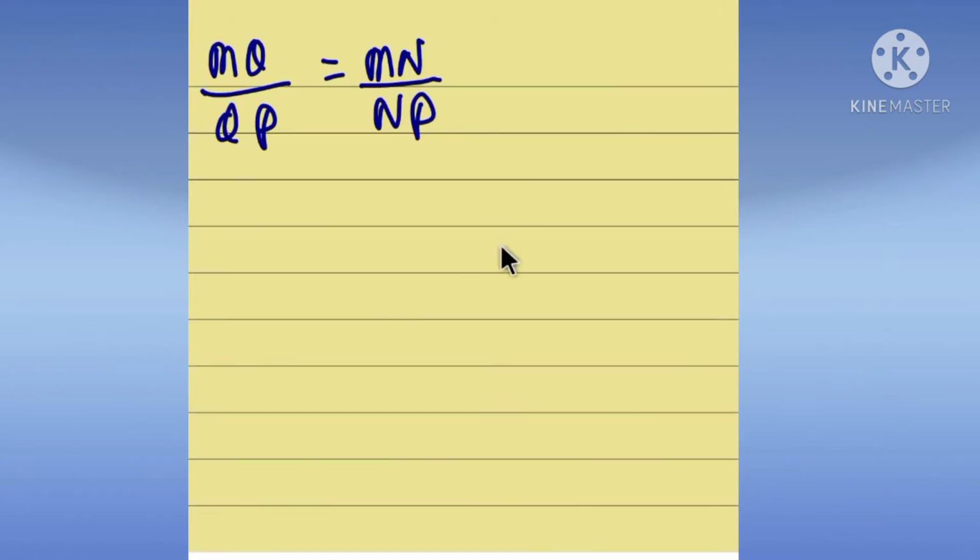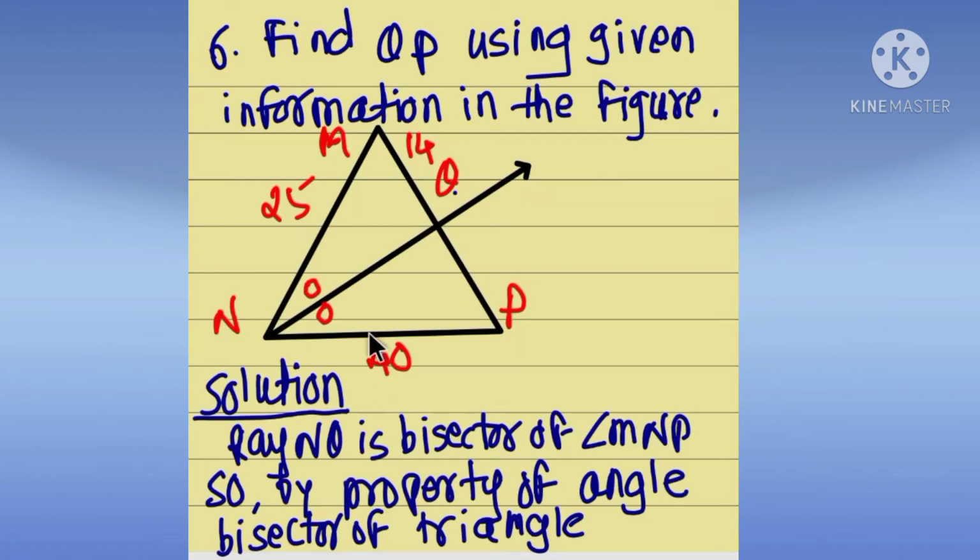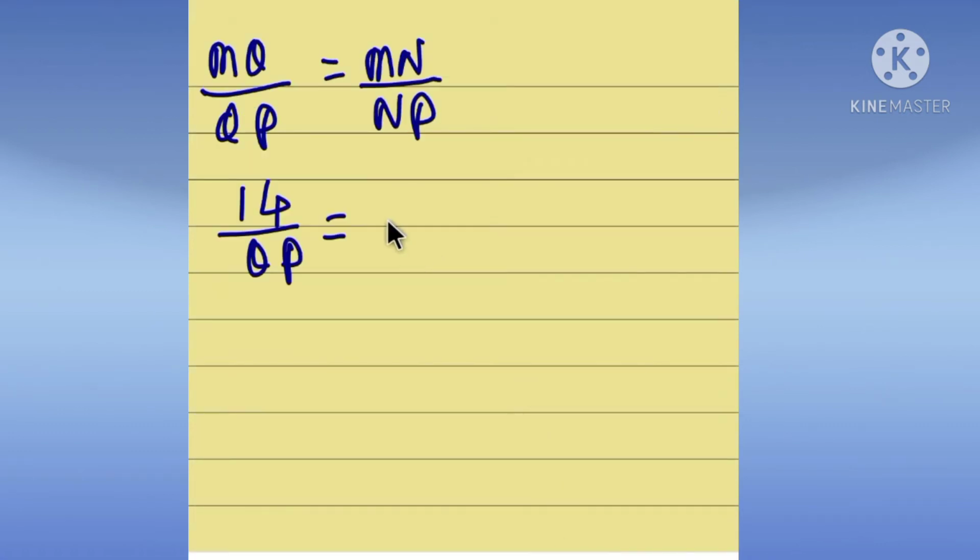MQ is 14, QP is not given, so 14 upon QP is equal to length of MN 25 upon NP 40. Now just do calculation.